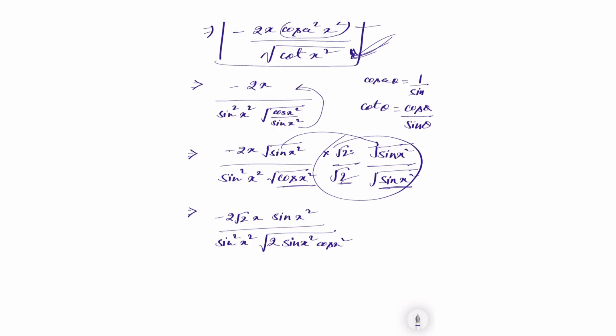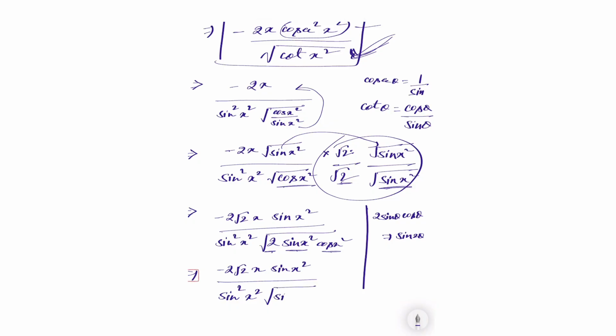So now next step will be, we know that 2 sin theta cos theta, already learnt, is equal to sin 2 theta. Apply same formula here. Minus 2 under root 2x sin x square divided by sin square x square, 2 sin theta cos theta will become sin 2 theta, sin 2x square.